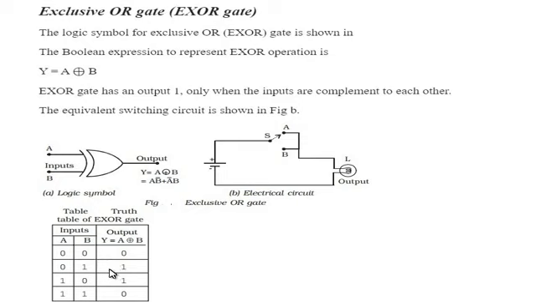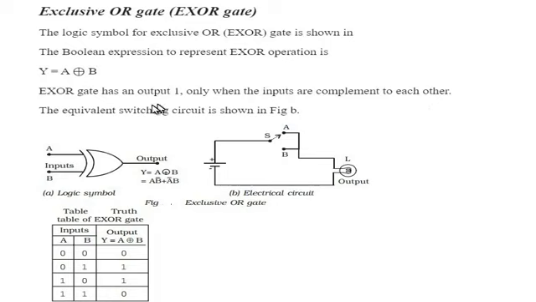See in this truth table, either A is true or B is true, and only then will the output be high for this XOR gate. XOR has an output high only when the inputs are complement to each other.